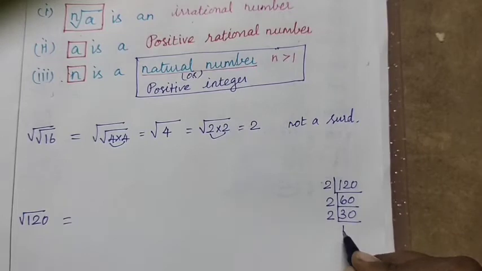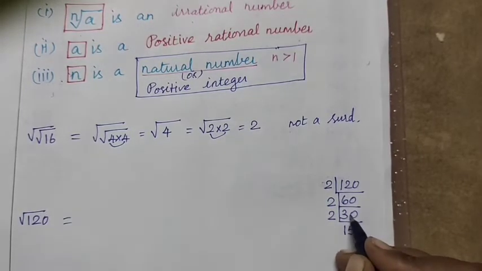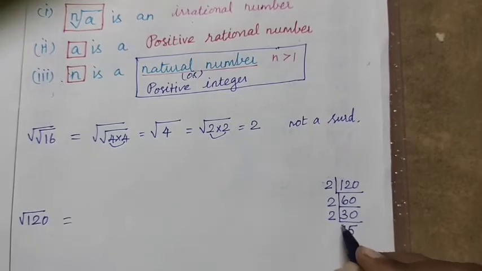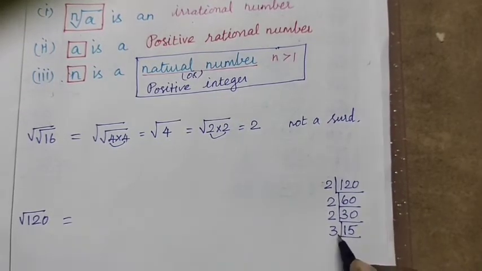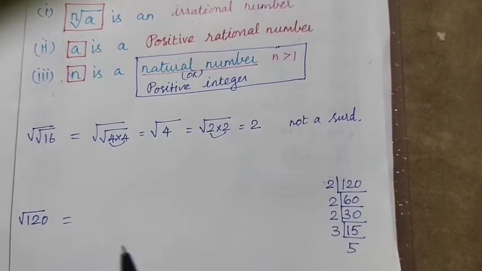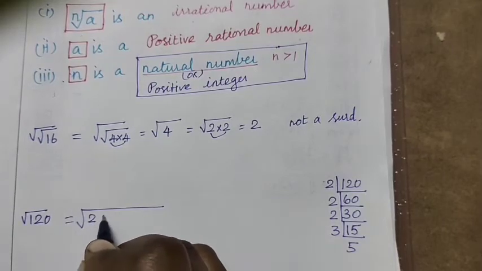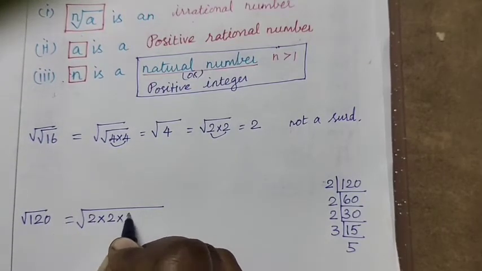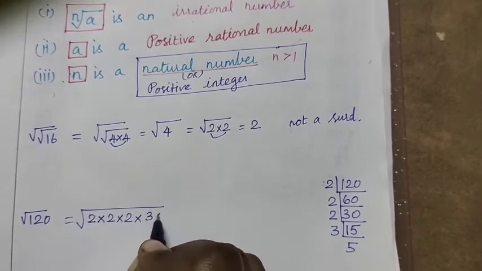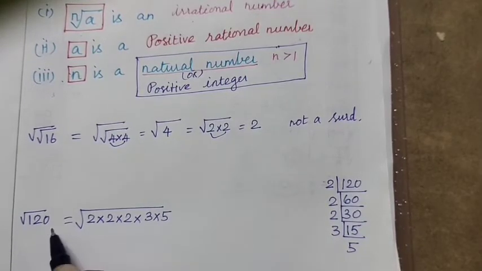Again 2, 1 two is 2. Remainder 1, 5 twos are 10. Third table, 3 fives are 15. So the factors are 2 into 2 into 2 into 3 into 5.